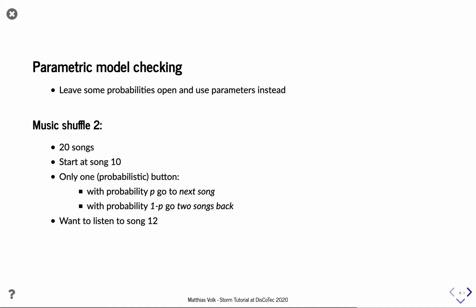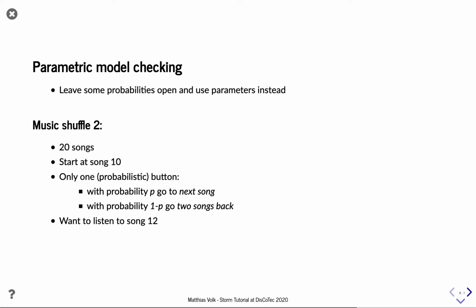So for example, if you do not know exact probabilities, like for example, how likely it is that a certain component fails, you can leave it open with certain parameters and then try to figure out how good the reliability is, even in the worst case of the failure probabilities. On the other hand, you can leave the probabilities open because you want to synthesize optimal probabilities. And that's what we're doing in our second case here.